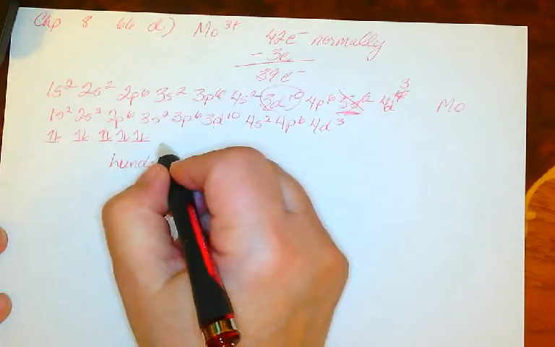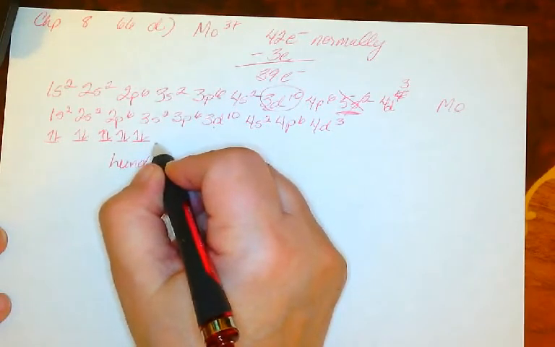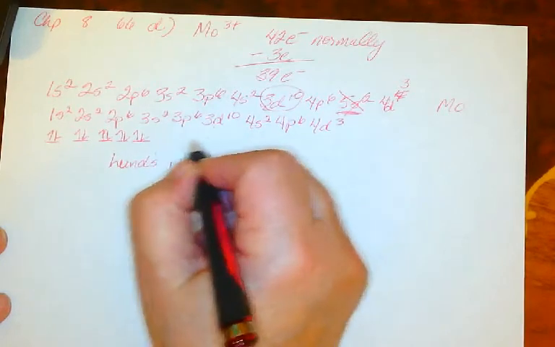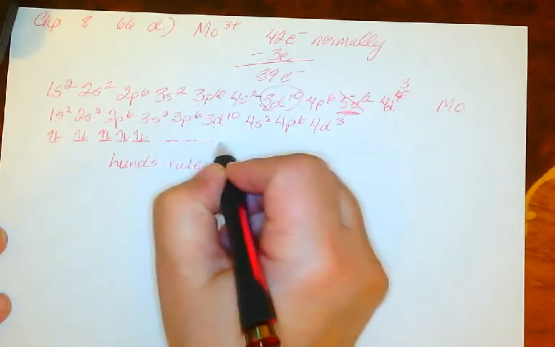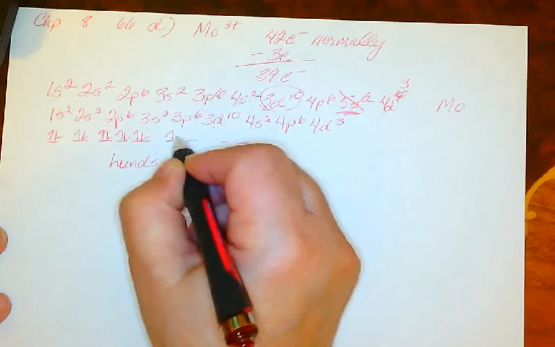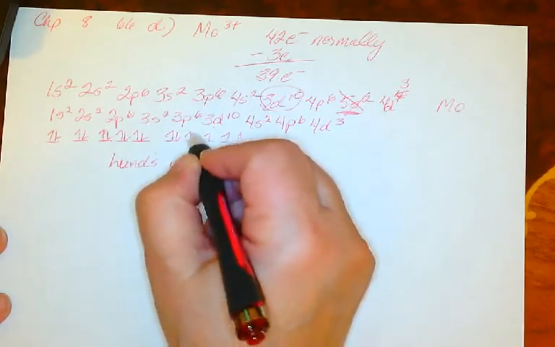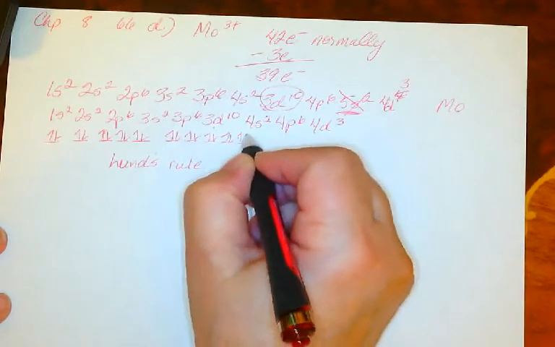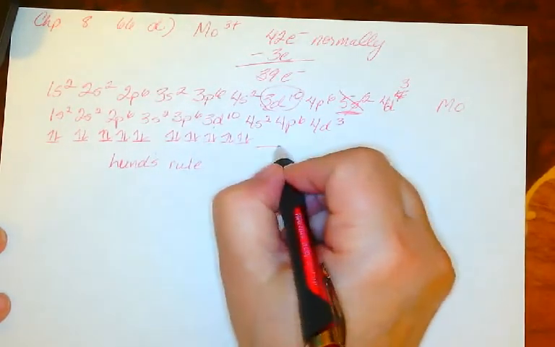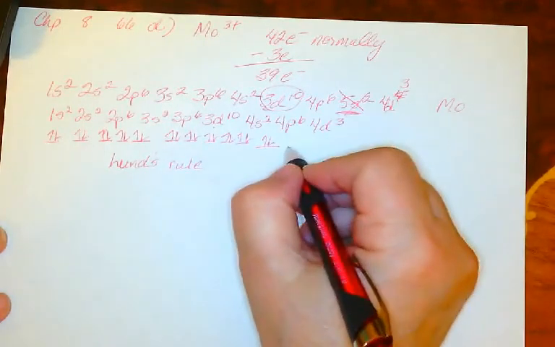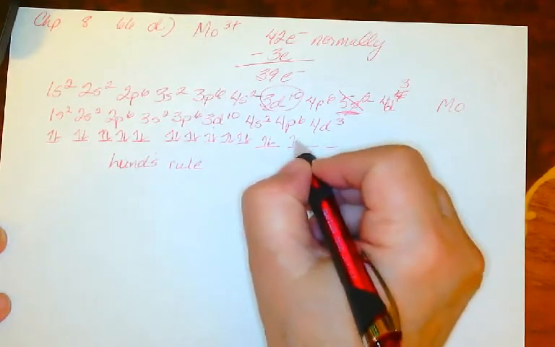Okay, then we go to our 3d level here, which would show the d's. There's 1, 2, 3, 4, 5 orbitals. And I'll double those up because we've blown past that. Then we go to the 4s. There's 1 orbital. 4p, 1, 2, 3 orbitals.